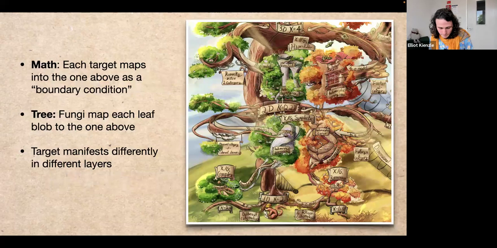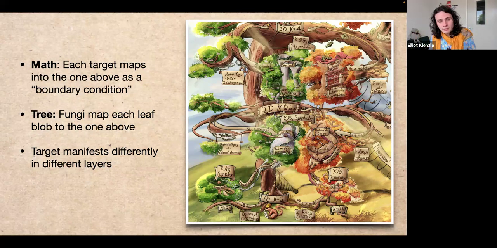Okay, one more structure inside of this. Mathematically speaking, each of these manifolds appears multiple times. So this one here actually appears inside of the one layer above it as what's called a boundary condition.